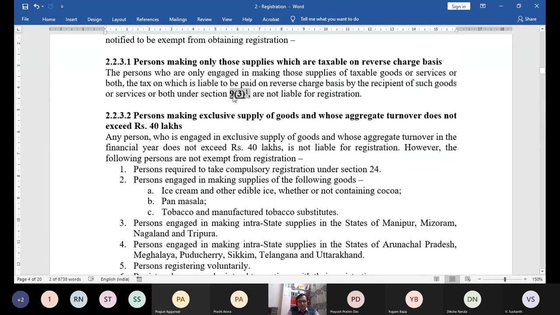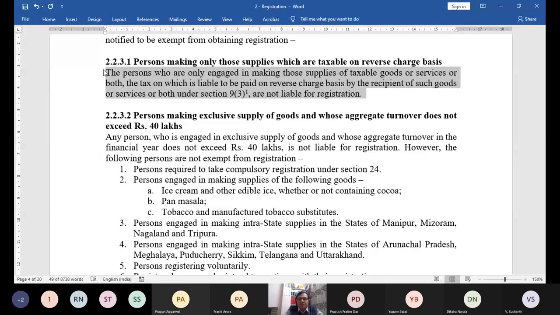So these are those people who are not liable to take a registration. This point: persons making only those supplies which are taxable on reverse charge basis. I'm starting reading. The persons who are only engaged in making those supplies of taxable goods or services which are liable to be paid on reverse charge by the recipient under section 9(3) are not liable for registration. I told you this.